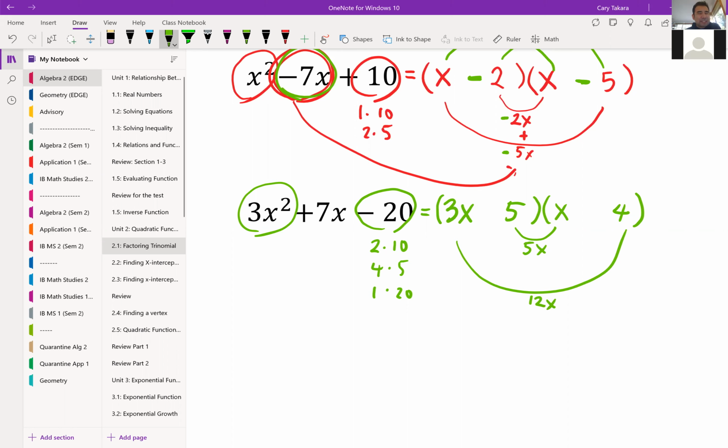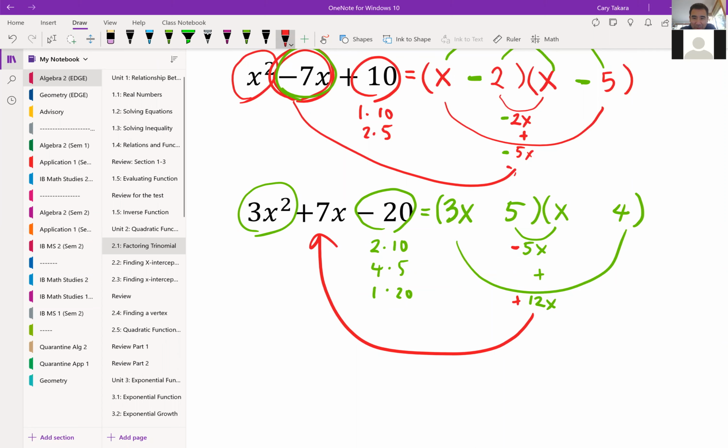Can you create 7x by adding them, 5x and 12x? And you can. If 5x is a negative 5x and 12x is a positive 12x, then if you add them, wouldn't you get 7x? Right? And so that's it.